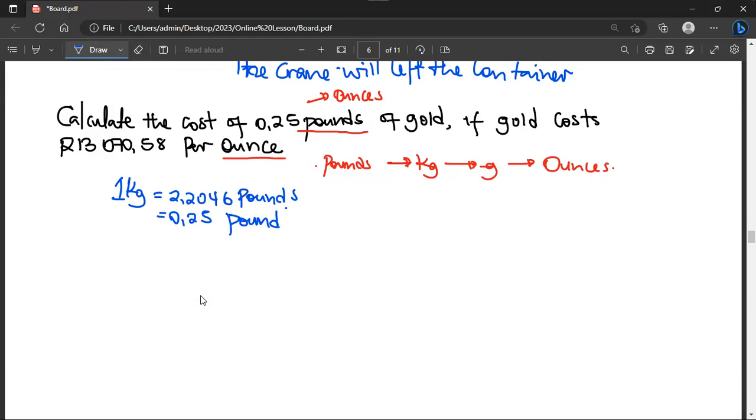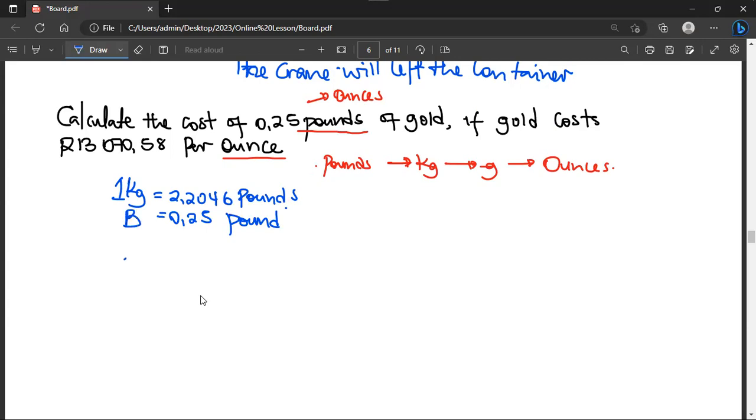So it's 0.25 divided by 2,2046, because the answer you get is going to be in kilograms.